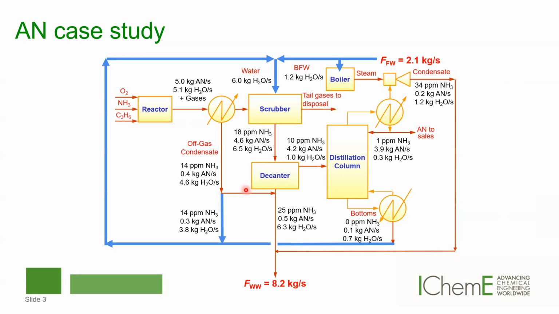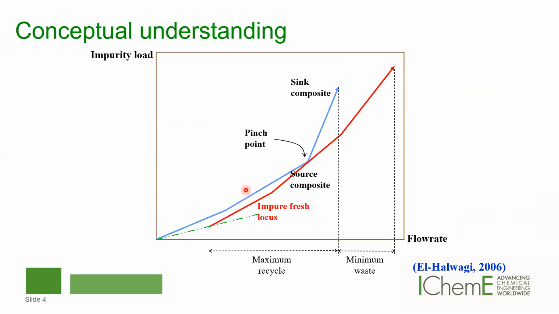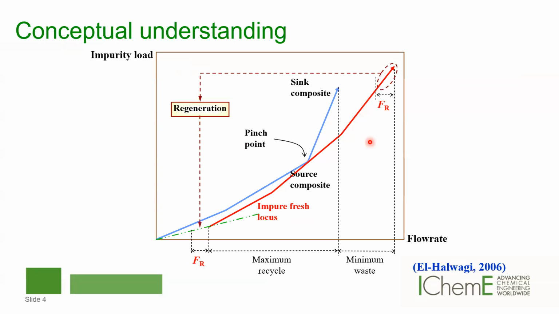Okay, so this is the pinch analysis of that. Oh no, this is a different one. This is different because we're going to try to regenerate part of the waste stream. So before, all of the waste stream went to the treatment unit, and then after the treatment unit it would be released to the environment.